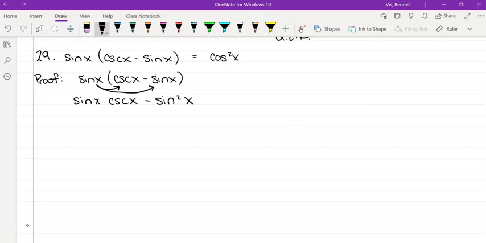Another reciprocal property here, sine times cosecant is 1 minus sine squared of x, and I'll justify it. And 1 minus sine squared is cosine squared.